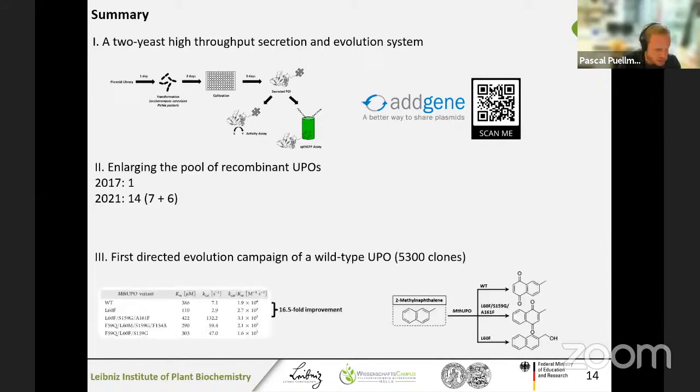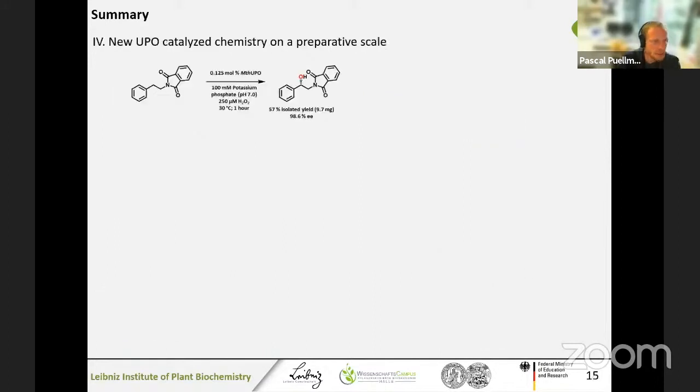Then I mentioned that we were able to report the first directed evolution campaign of a Y-type UPO by screening 4,300 clones. And we could show stereoselective UPO catalysis on a preparative scale. And as I mentioned, this is a very nice starting point to implement this reactivity into chemoenzymatic workflows.